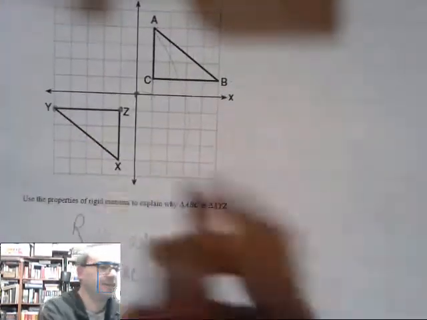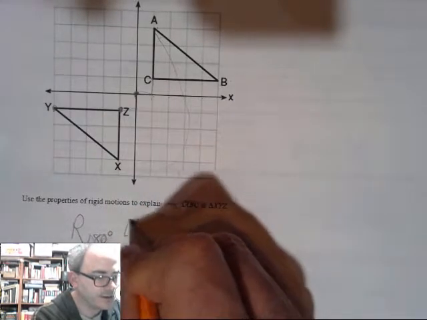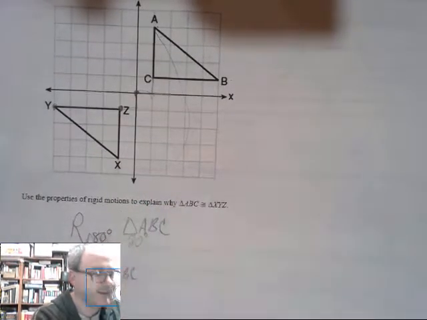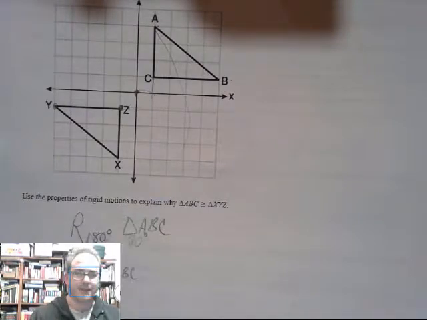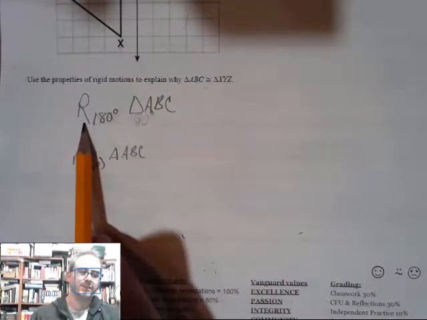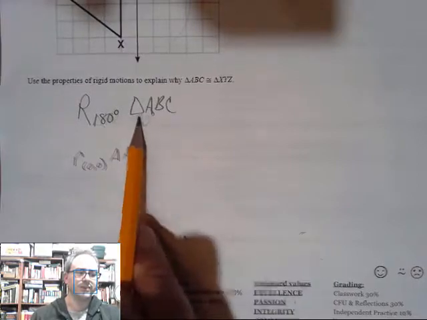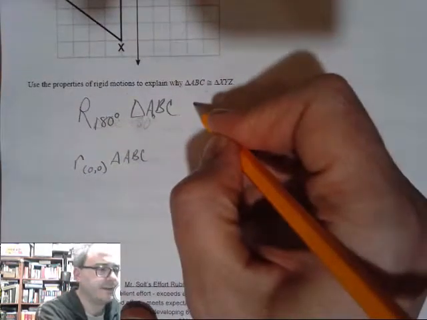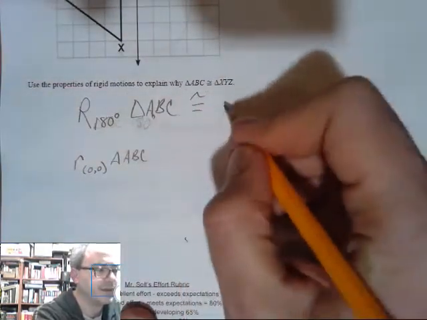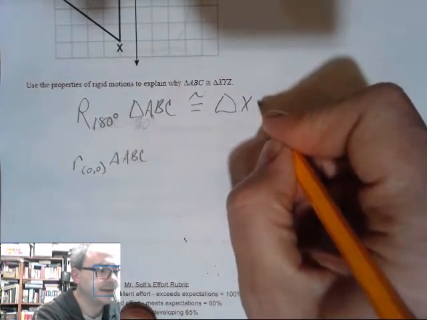Let's rotate 180 degrees. Triangle A, B, C. So either one of those, can you see that? Capital R is rotate. That's the notation in geometry for rotation. 180 degrees, triangle ABC, and that'll be congruent with triangle XYZ.